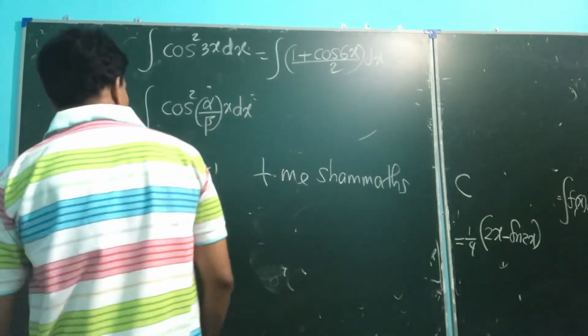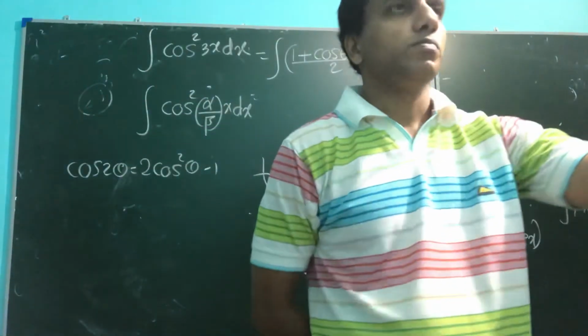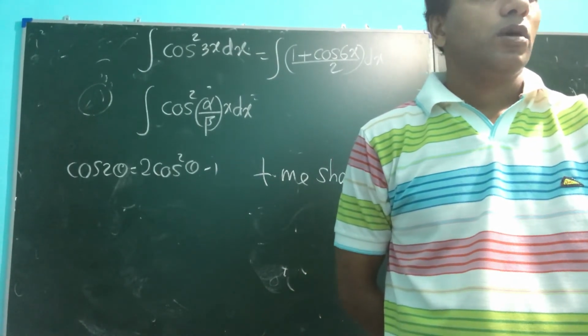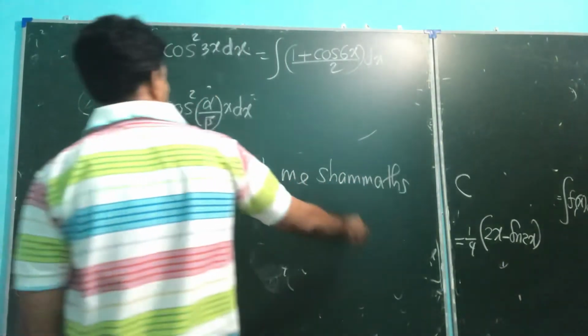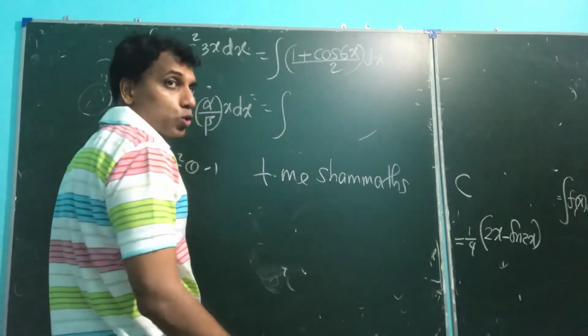Cos square alpha over beta x dx. In the same fashion, this integral changes to the double angle, cos 2 theta pattern.